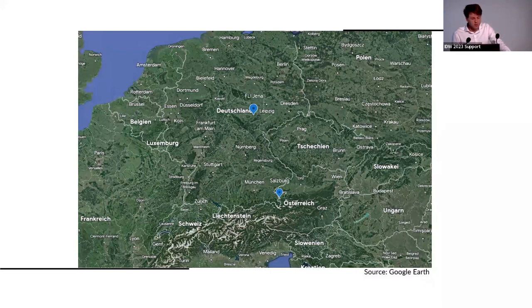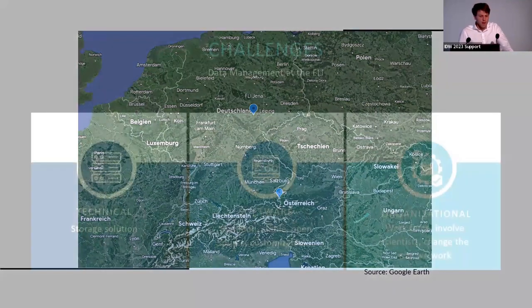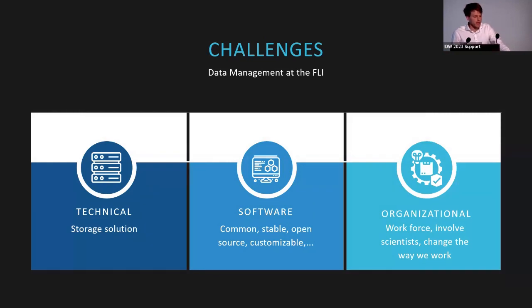So I work in a group which is responsible for maintaining an HPC and up to offering seminars for good scientific practice. Yeah, and the challenges we had can be divided into three levels. Yesterday I attended a talk from a person from Princeton University, and the slide was the same. So there are three levels, as it is so often. There's a technical level.